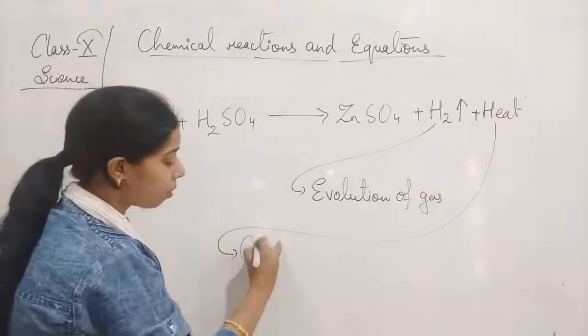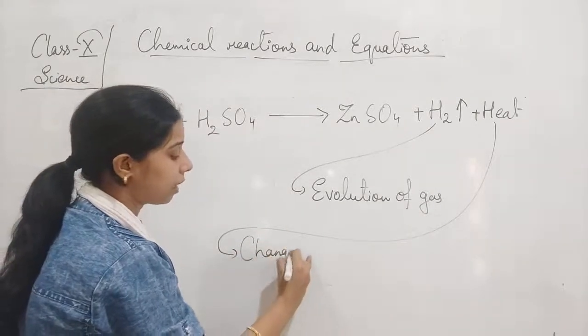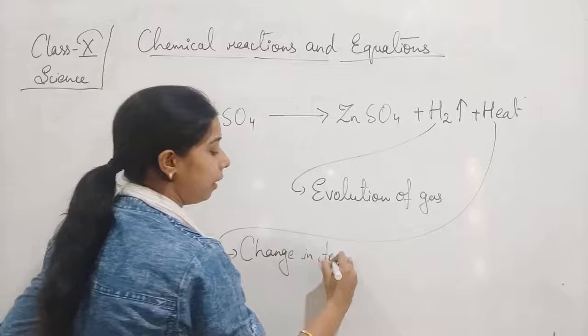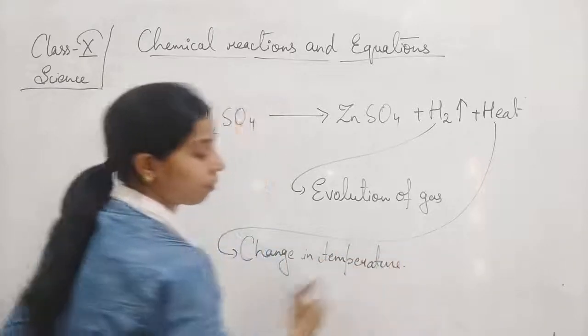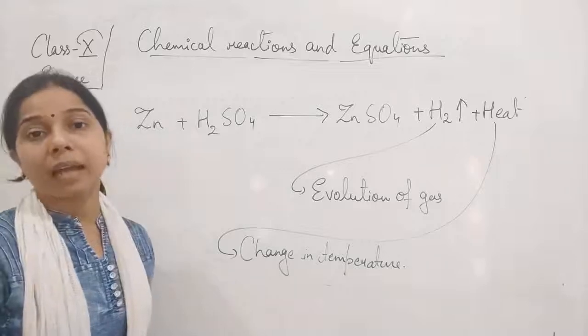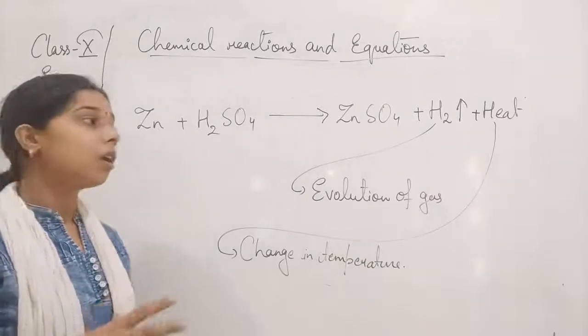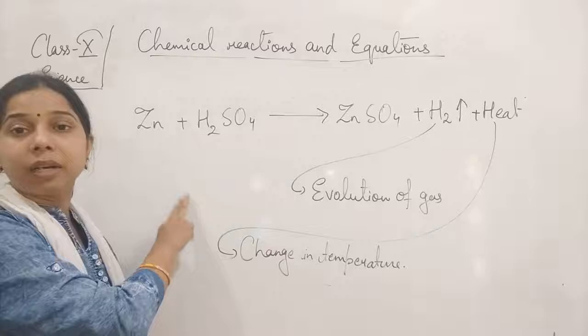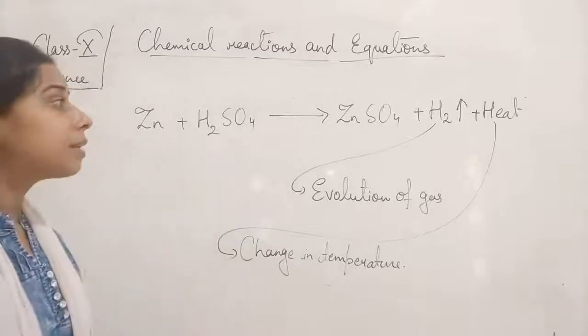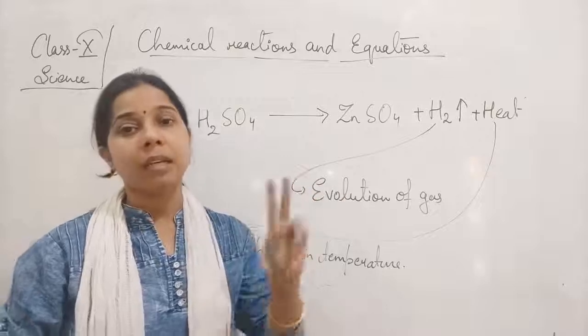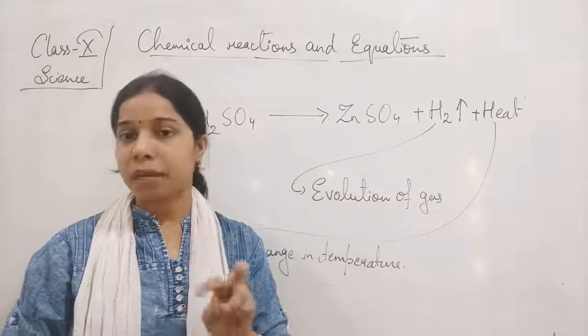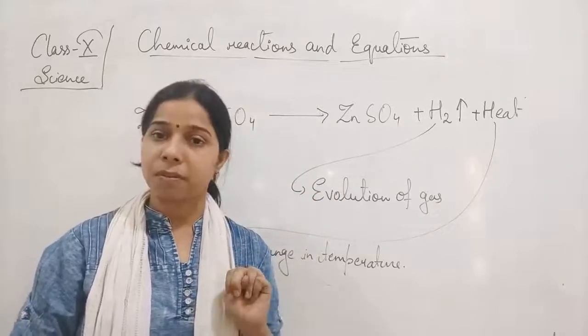So this comes under another characteristic, and that is change in temperature. Both characteristics are shown by this particular reaction. This is one reaction, but it shows two characteristics of a chemical reaction.